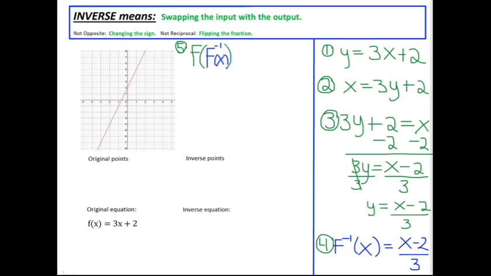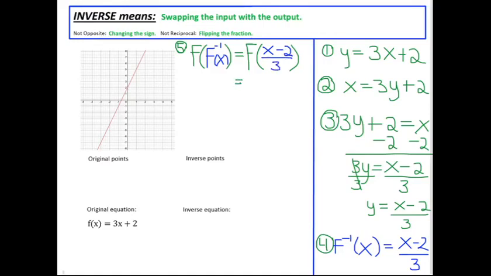So I have f of f inverse of x is equal to f of, well, f inverse is x minus 2 over 3, so we're going to substitute that in. And really, as long as you know how to substitute, you should be able to check your work with accuracy. So this is f of x minus 2 over 3 now, since that's what f inverse is.